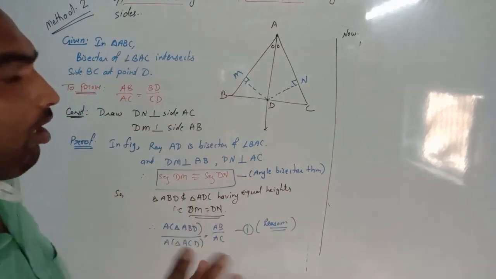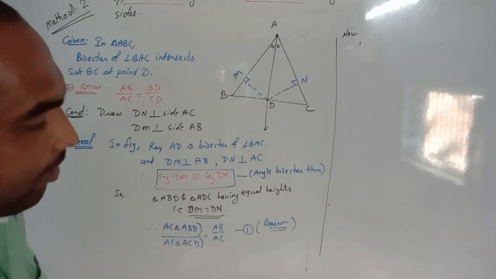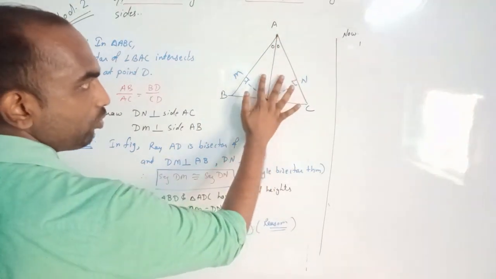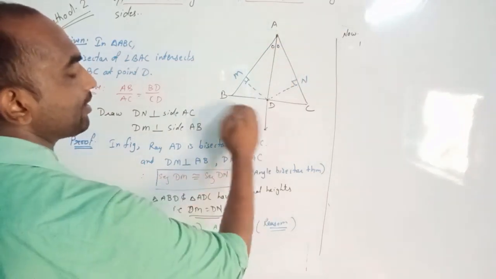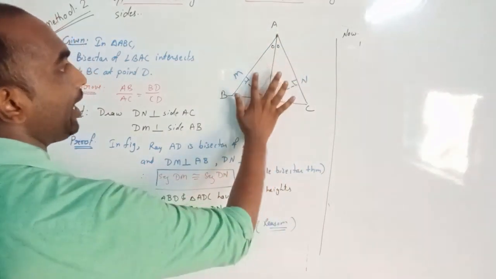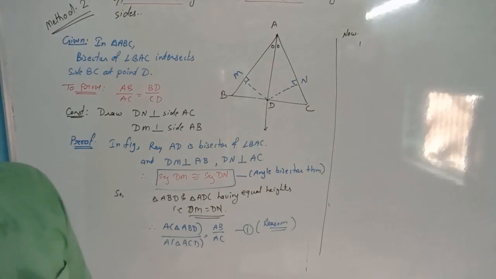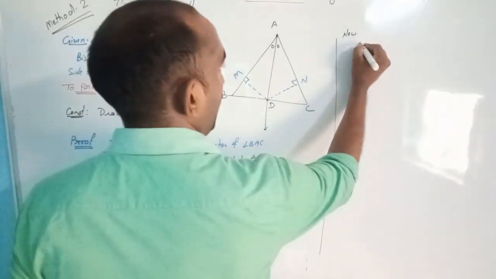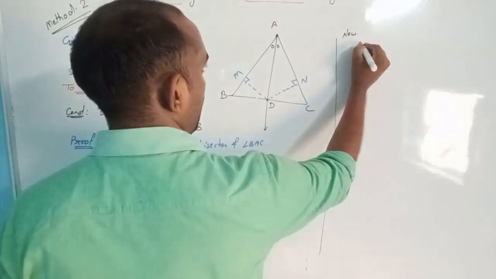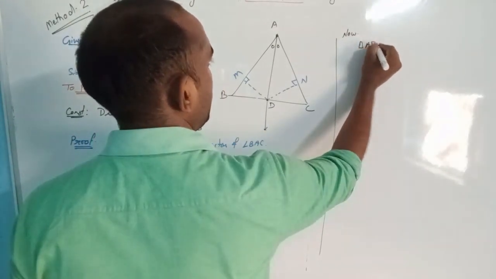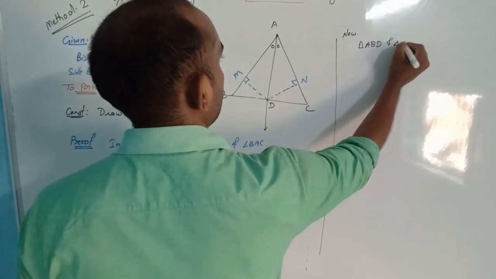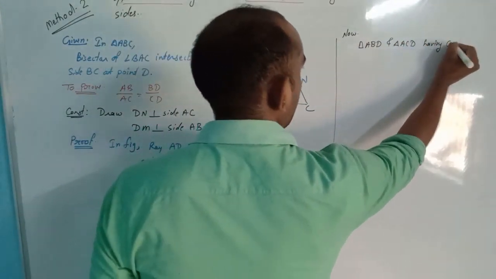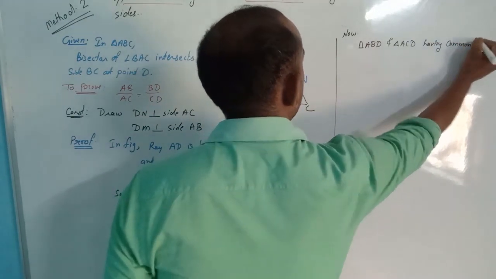Congruent or common. Are you getting? These two triangles have the common vertex and the base lies on the same line. So therefore the height of these two triangles is common. So again, triangle ABD and triangle ACD having common heights.